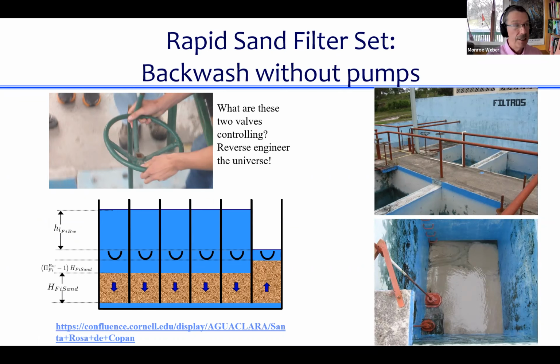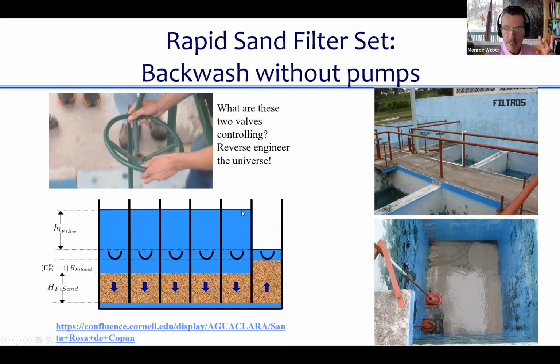And now there's enough elevation difference between the filters that are filtering and the filter that is being backwashed. There's enough elevation difference to do 2 things. That elevation difference has to be enough to push the water through the filters that are filtering, and push all that water through the one filter that is being backwashed.